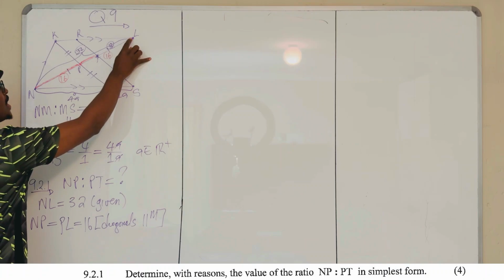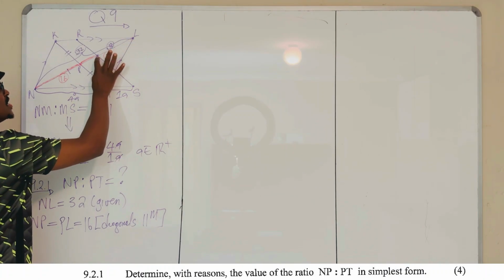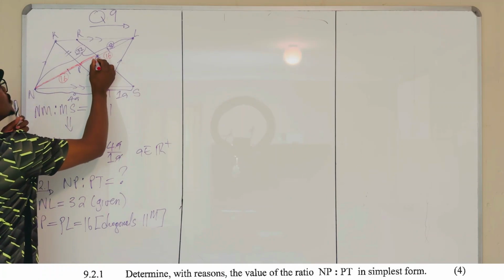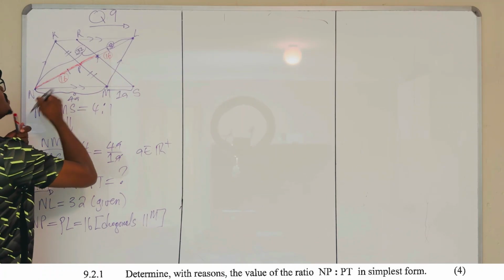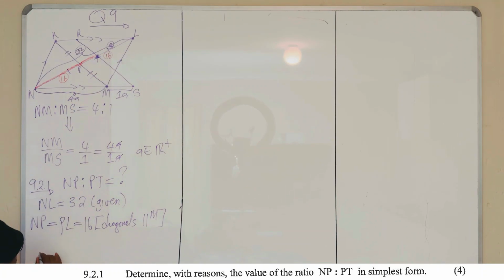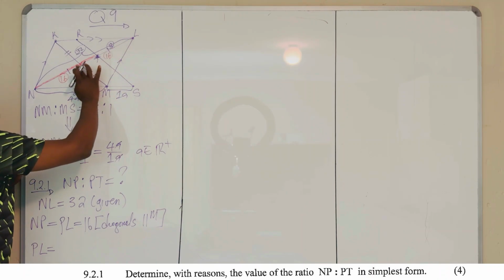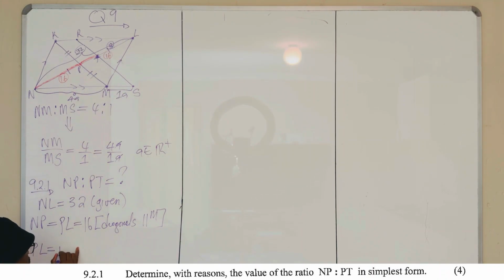We know from L to P is equal to 16, and from L to T is equal to 12 units, the 12 units that were given here. So we can say the distance from P to L is equal to PT plus TL.